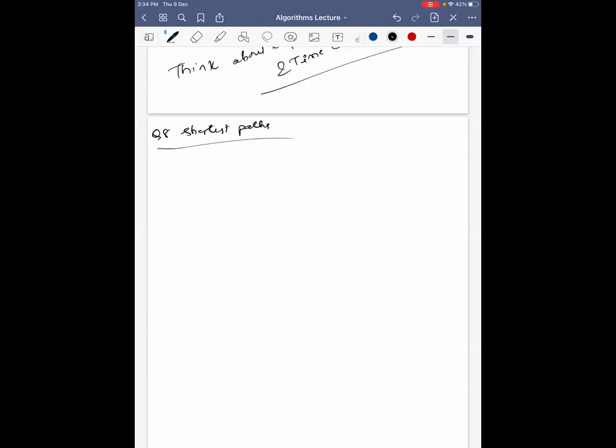Are you able to see my screen? Yes, sir. So you have been given a graph G = (V, E), and the edge weights are not necessarily positive or non-negative.